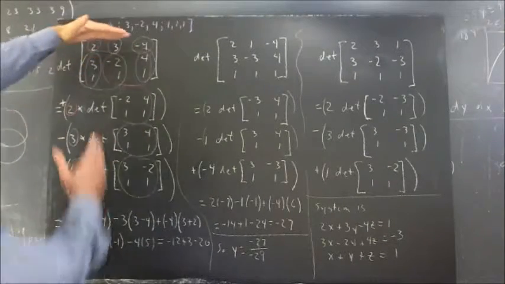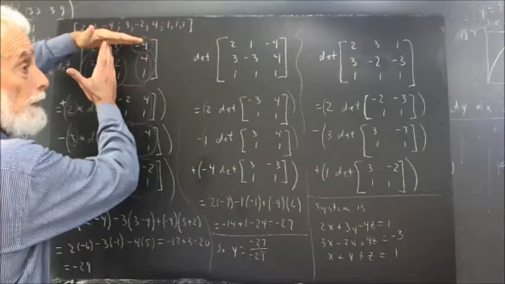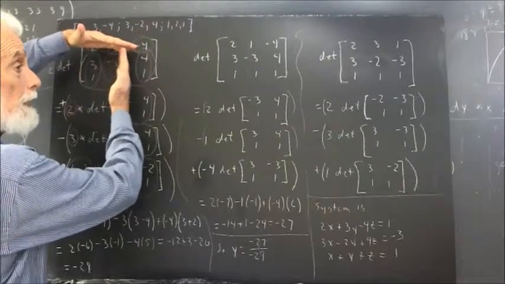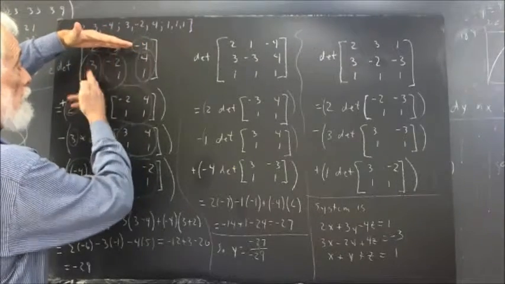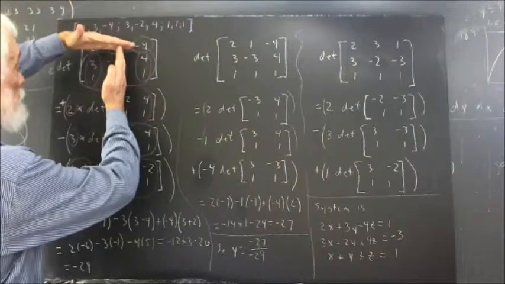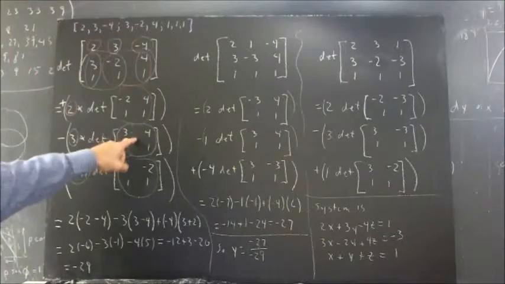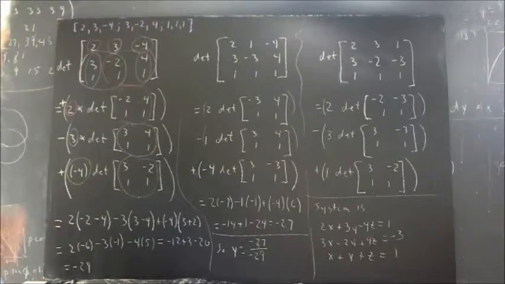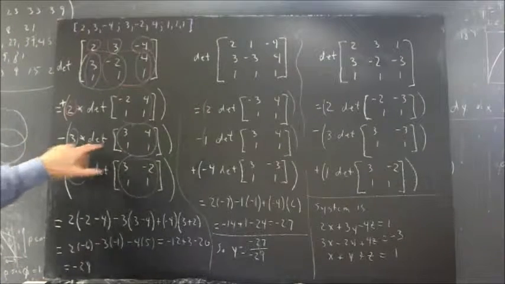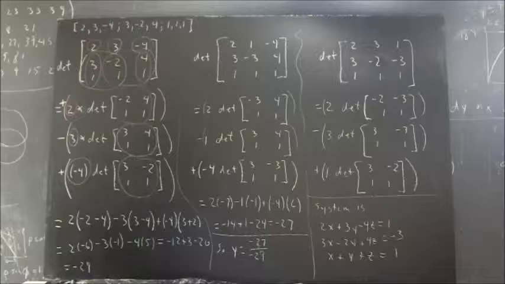So again, eliminating the row and the column of the 3, we have the 3, 1, 4, 1. And that's our matrix here. And we do then minus the 3 times the determinant of that matrix.